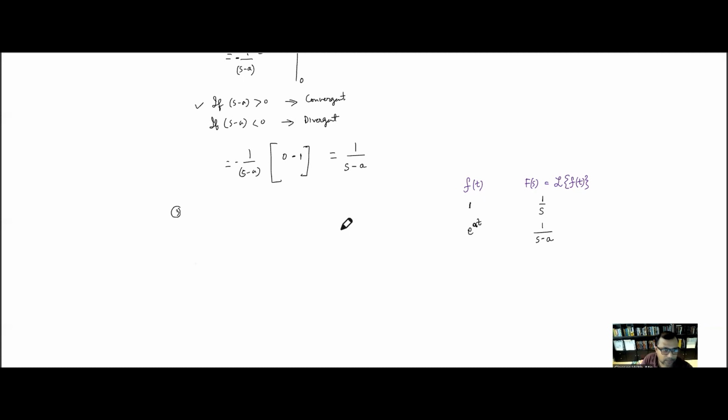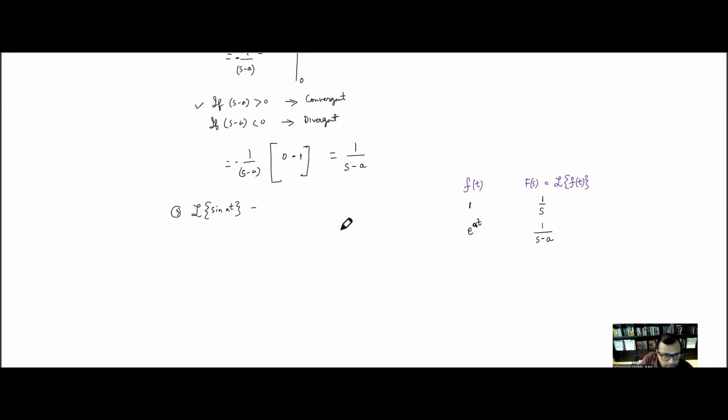Let's look at the next function that we can find the Laplace transform of. Let's do the Laplace transform of sine at.